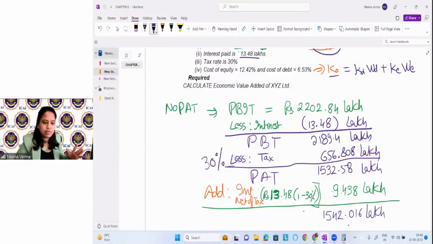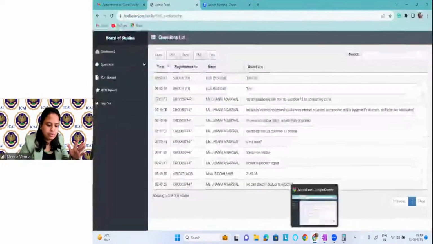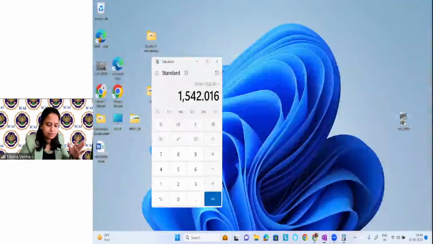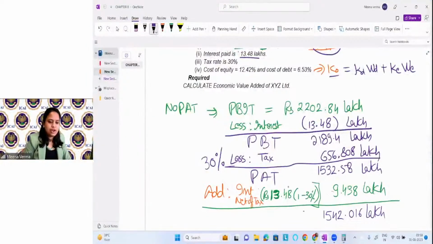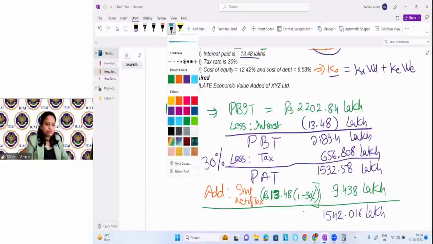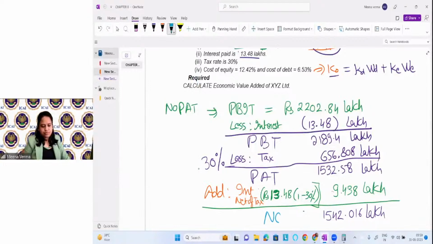Right, this is what is coming here. All right, so this is the net operating profit. No, PAT. This is net operating profit after tax. This is what we have calculated, net operating profit after tax.